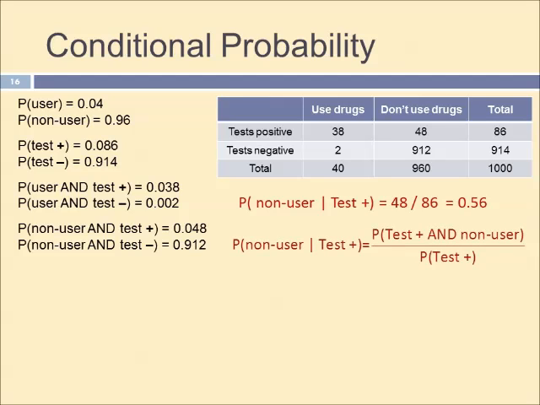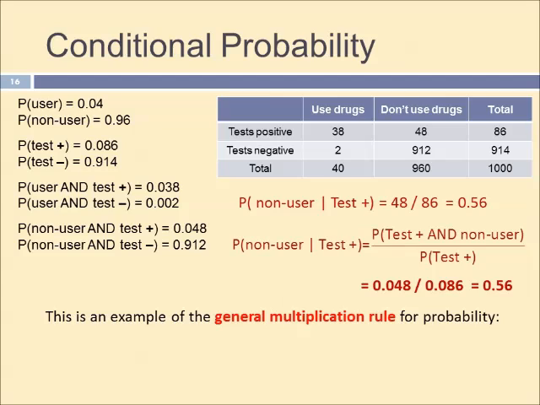We can also note that this is equal to the probability someone tests positive and someone's a non-user divided by the probability someone tests positive. Notice, probability that someone tests positive and is a non-user is 0.048. Probability a person tests positive, 0.086, and we get the same result.